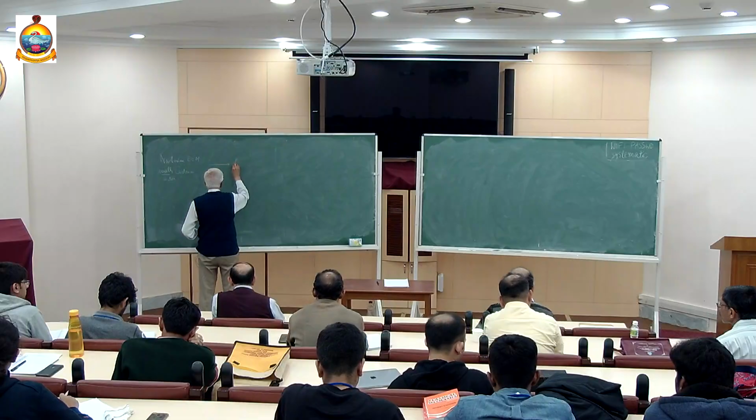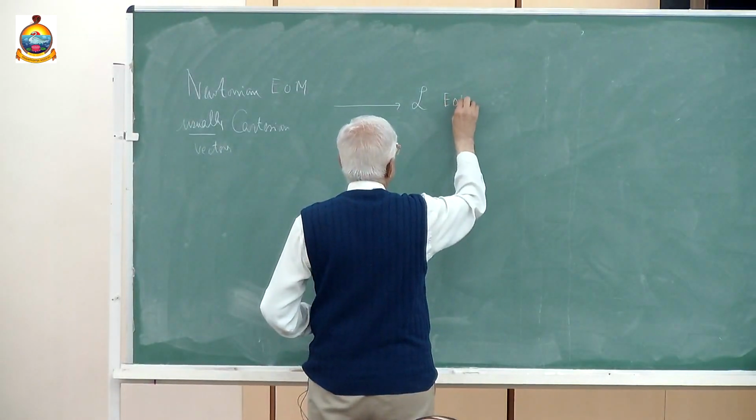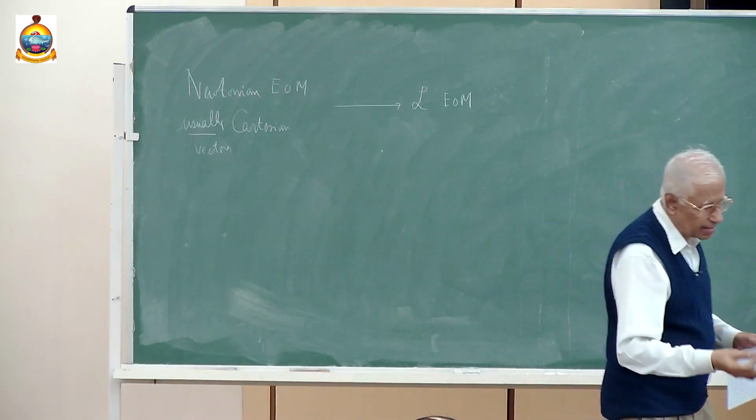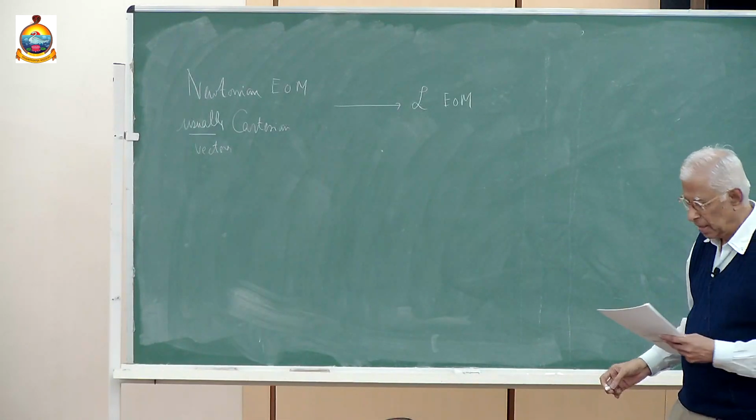Then we have seen the structure of the Lagrangian equations of motion. They are sometimes called the Euler-Lagrange equations of motion.